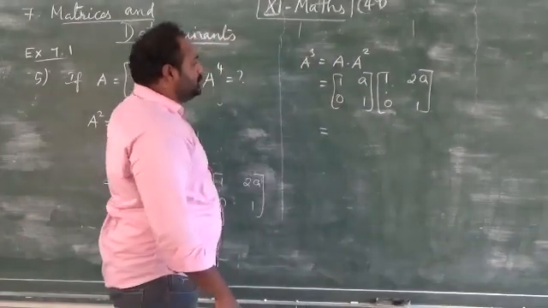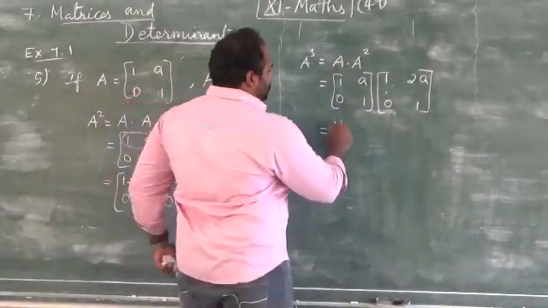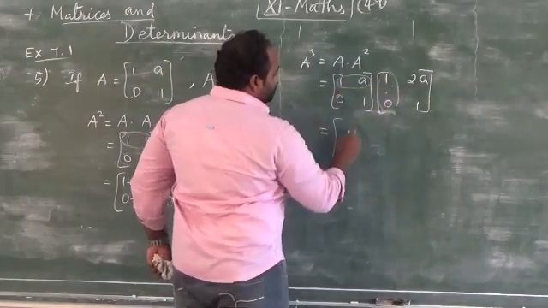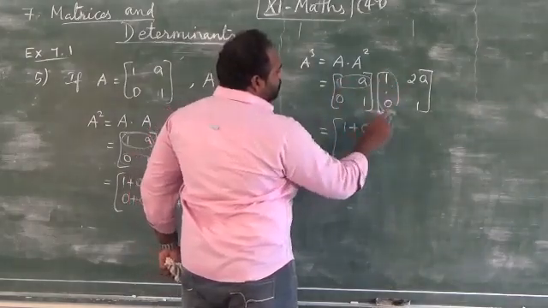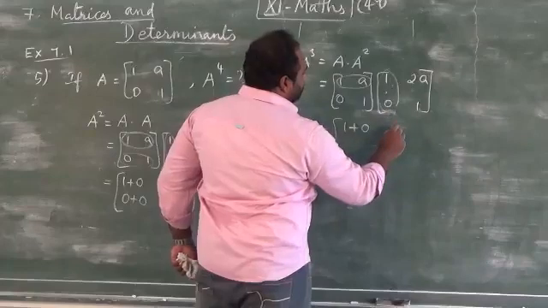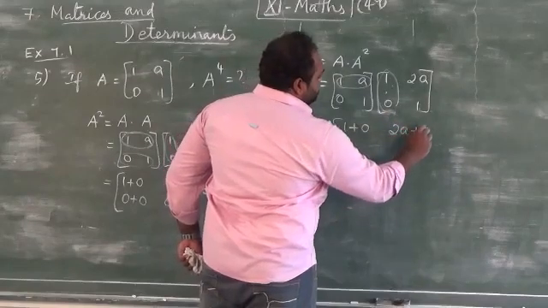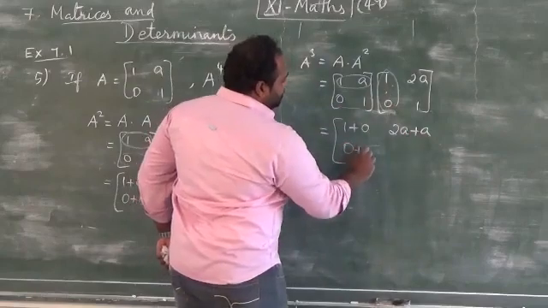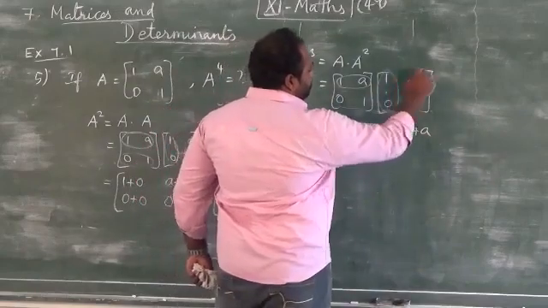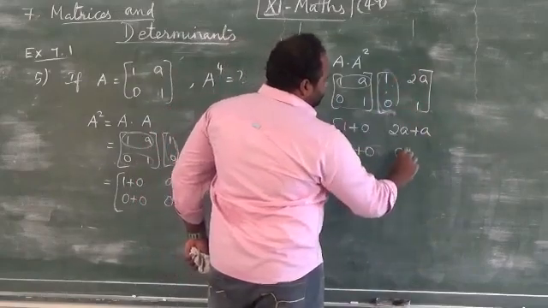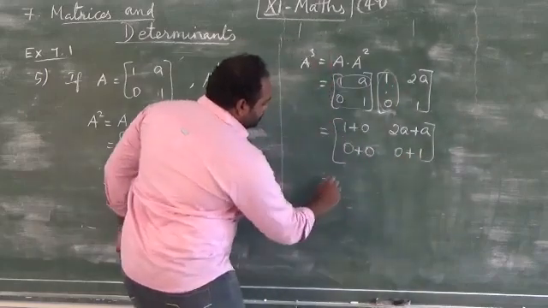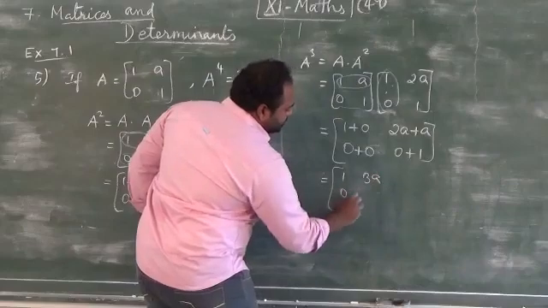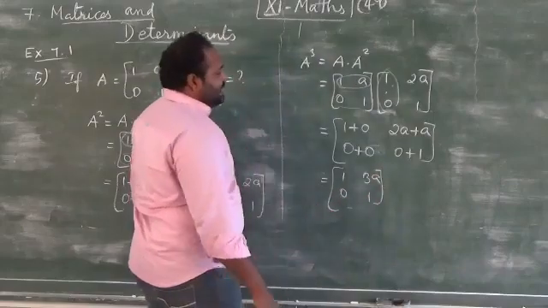Now row and column: 1 plus 0. Here this row and this column, 2a plus a. Then this row and this column, 0 plus 0. Then this row and this column, 0 plus 1. So this is 1, 3a, 0, 1. So this is A cube.